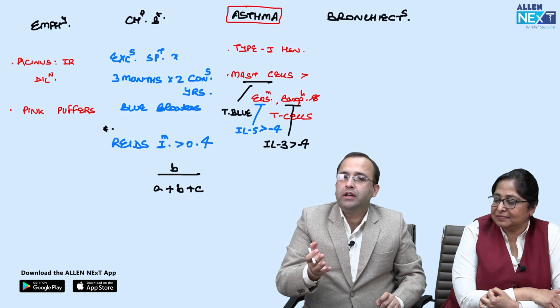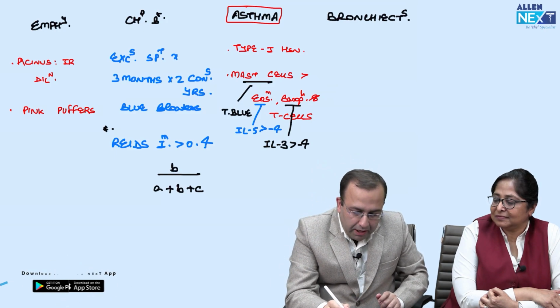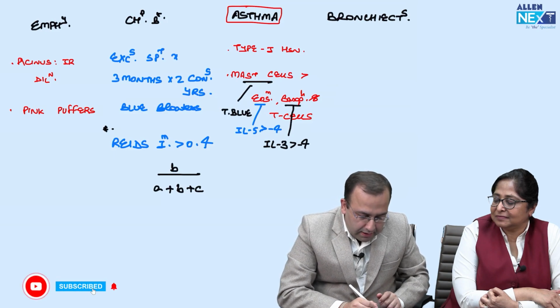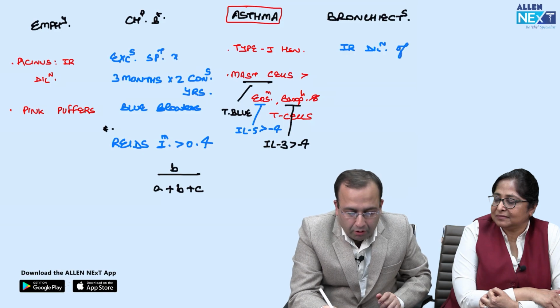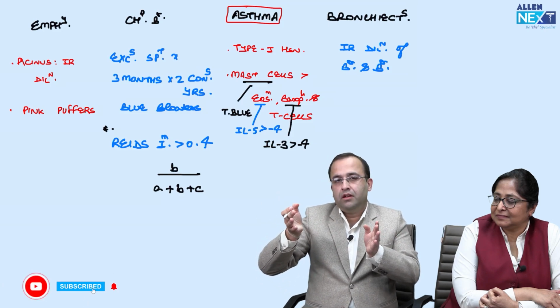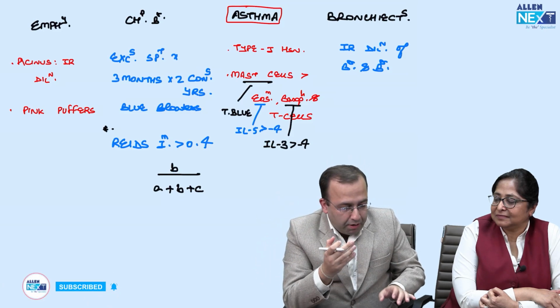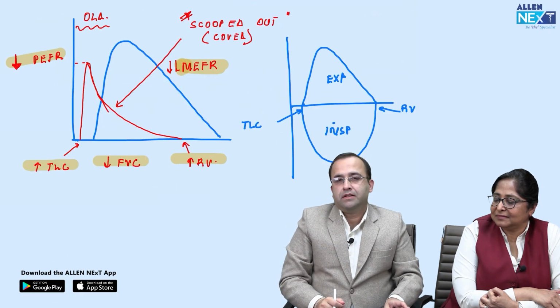Next, lastly is bronchiectasis. Ectasis is dilatation. It is irreversible dilatation. Bronchiectasis is irreversible dilatation of bronchi and bronchioles. So what is the difference between emphysema and bronchiectasis? Emphysema, as ma'am beautifully explained in this diagram, is a small airway disease.